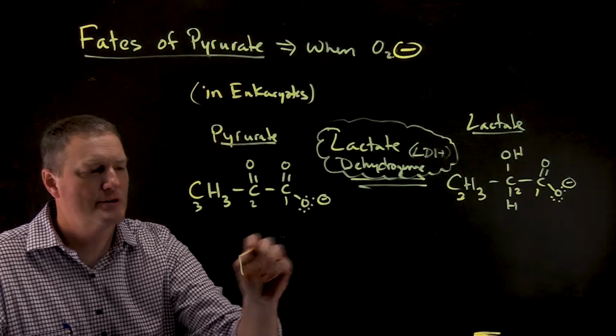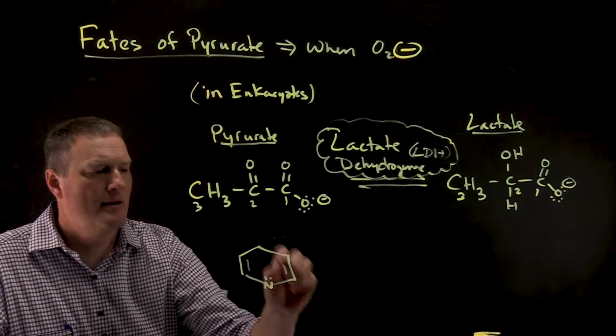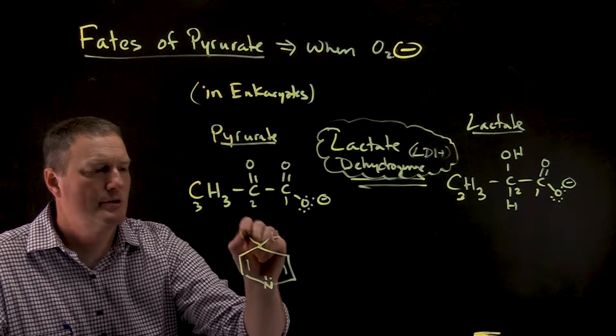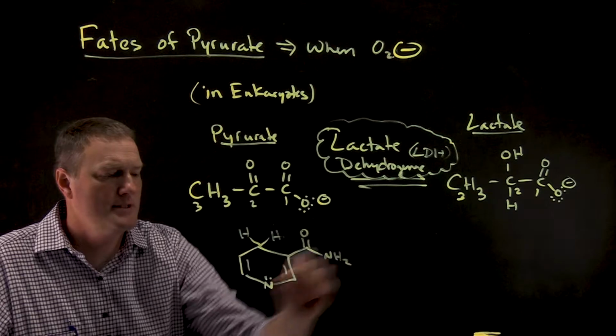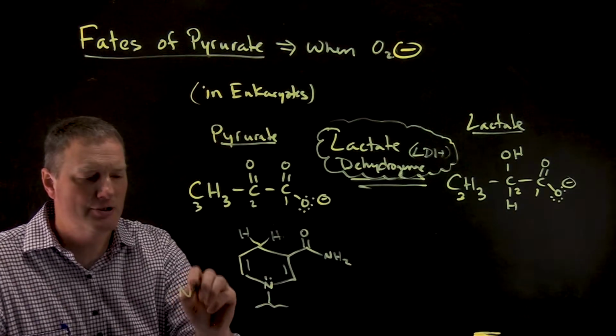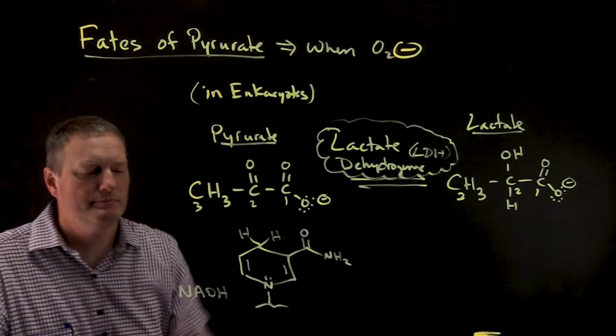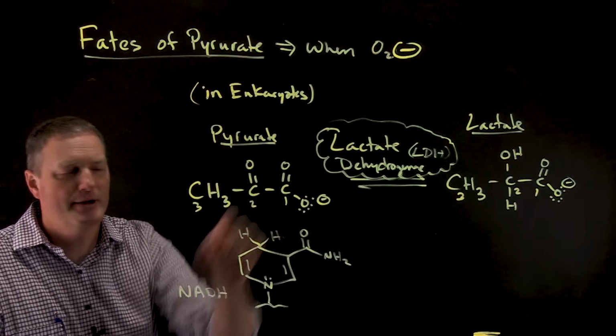So I'm going to draw out the structure of the nicotinamide ring of NADH. And this is something that you probably want to get fairly familiar with. So this is NADH. And I'm drawing it so that it's just positioned right underneath carbon 2.